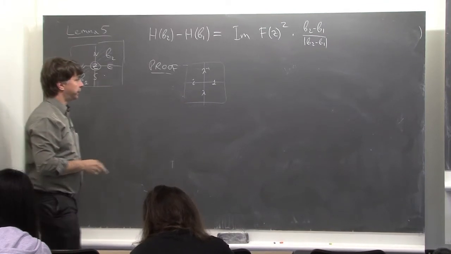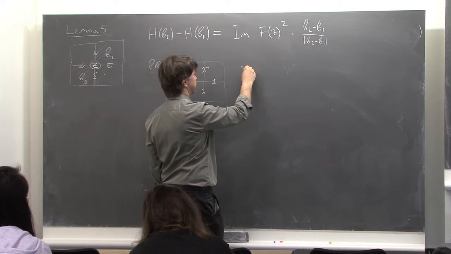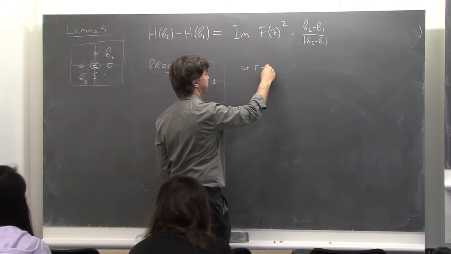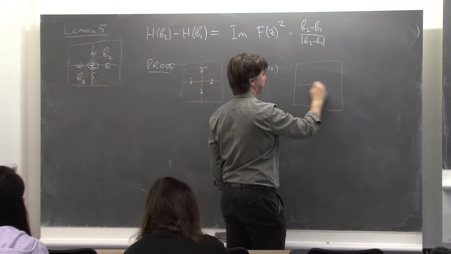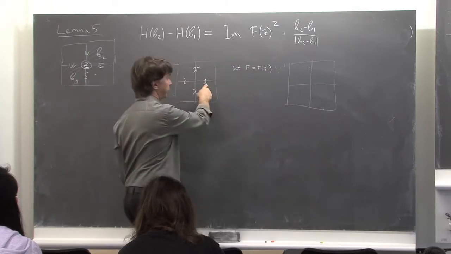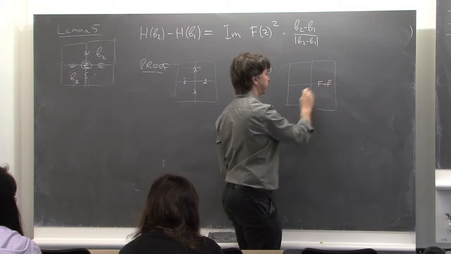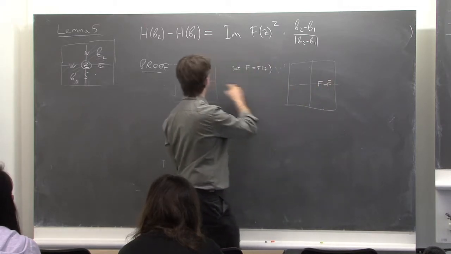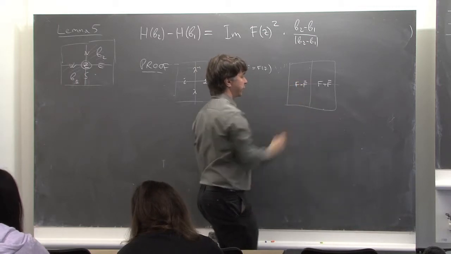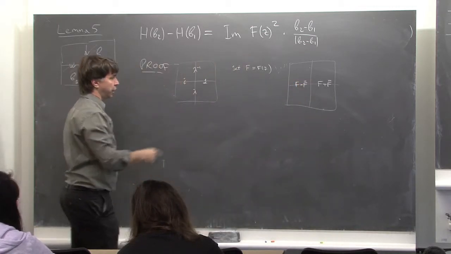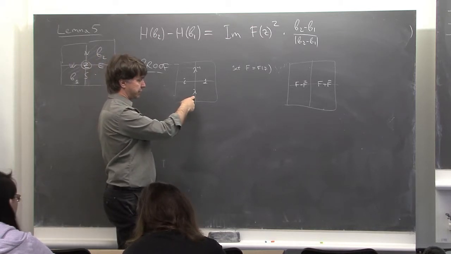Now, let's say we set f equal to f of z. Then what do we have at those points? Here we have the real part, so it's f plus f bar. Here we have the imaginary part, times i, so it's f minus f bar. And here we have the projection on a lambda line times lambda.